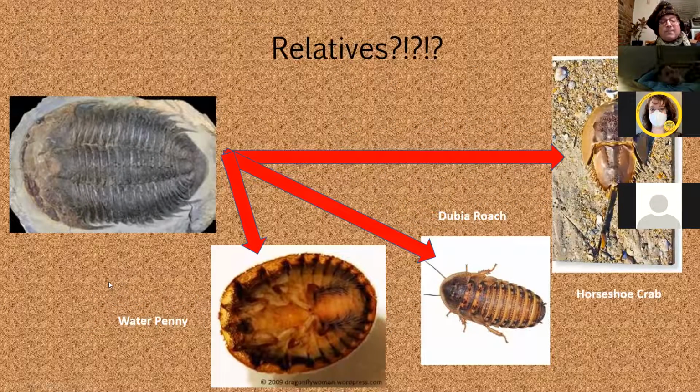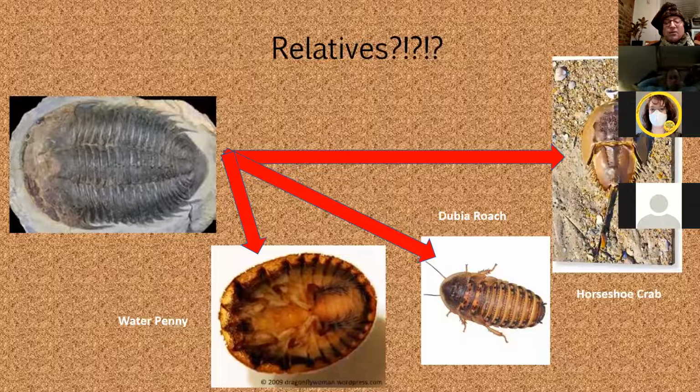Now, to clear up something, we look at the trilobite and we look at modern day animals, the horseshoe crab, the dubia roach, which look how much like a trilobite that female dubia roach appears to be. And then this is a water penny, which is an aquatic insect, and that's the underneath of it.